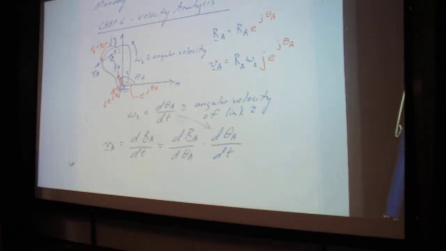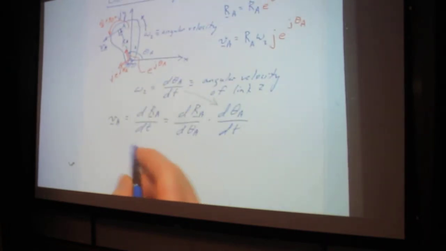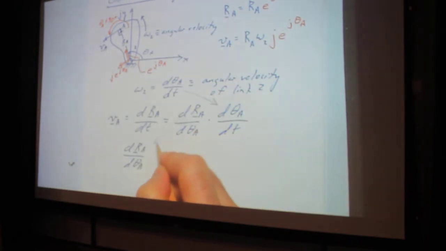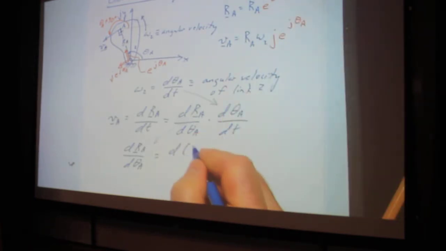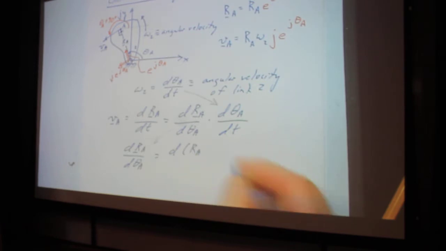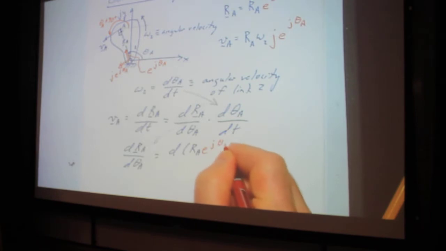Okay? So what I do is I look at this part right here, and this equals the derivative. Let me write the whole vector here: RA e to the j theta A.